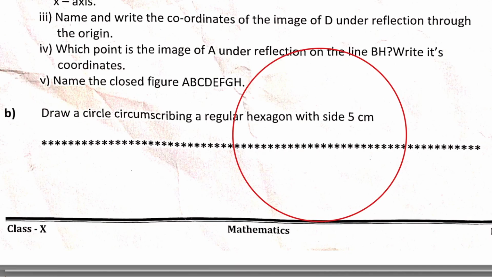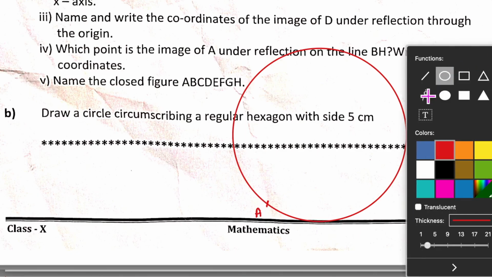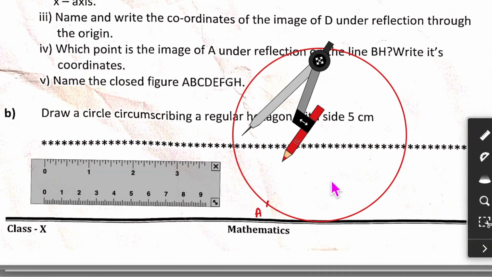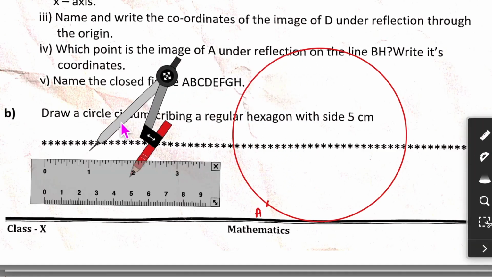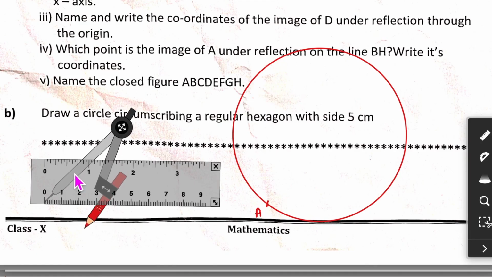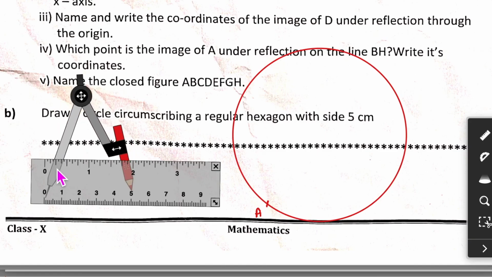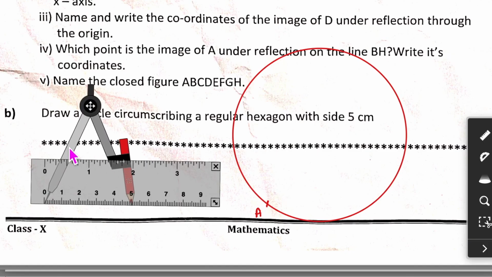So this is your setup. First, just mark one point over here and call it A. Then what you will do is take the compass and set the radius equal to 5 centimeters. Can you see that?